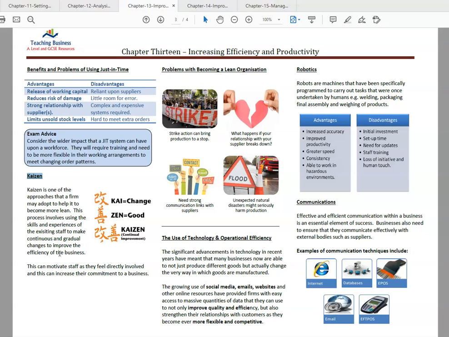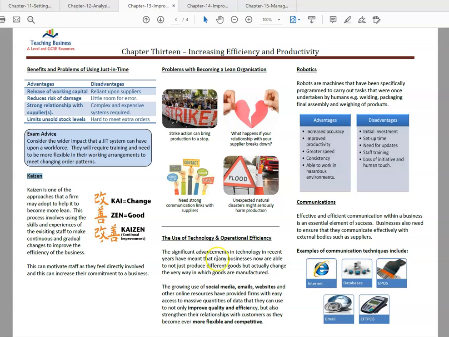Before that, it was always considered that managers knew best and that staff on the workforce and on the shop floor wouldn't have any useful input. This gives power and motivation to staff to say improvements that they noticed could be made.